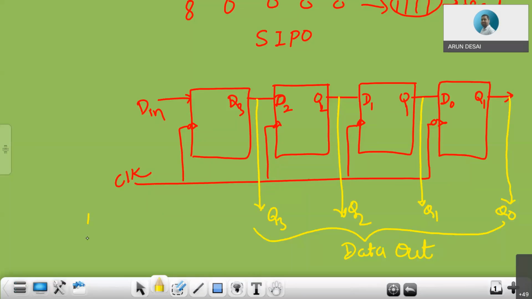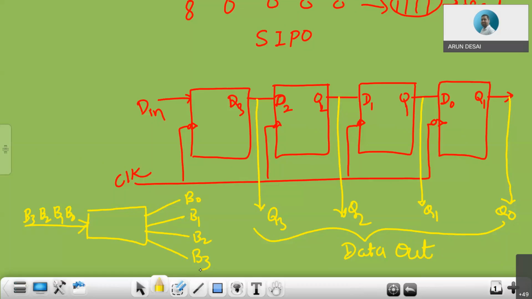That means in this arrangement bits are entered in this fashion, right? Bits are entered in this fashion and get out like this, right? So this is the type of arrangement we have for serial in, parallel out.